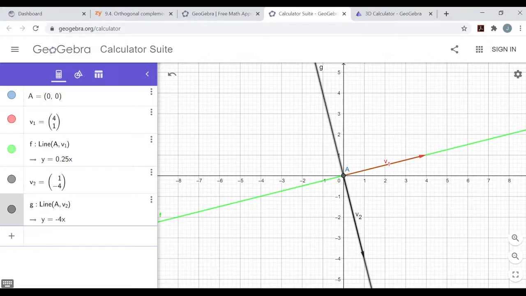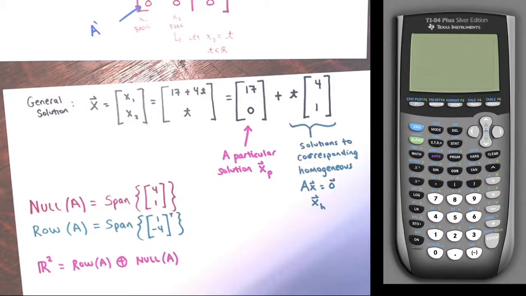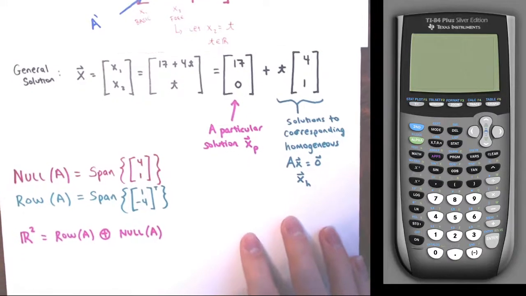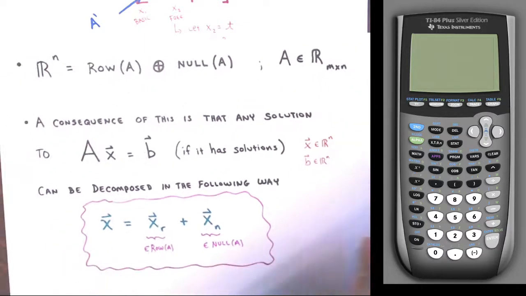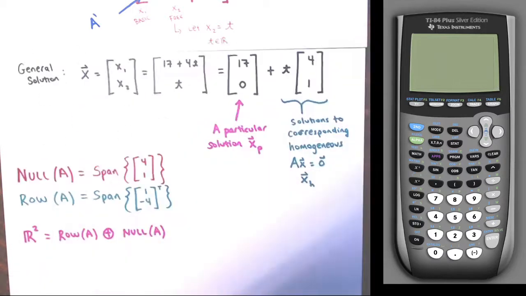Now, as I mentioned on an earlier page, we should be able to express any solution as a vector from the row space plus a vector from the null space. I wrote that here, and I'll write it again.